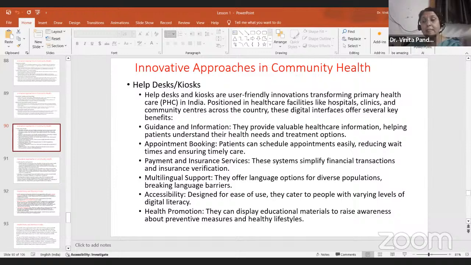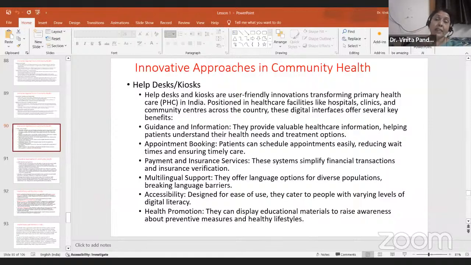So help desks help in providing guidance and information. They provide valuable healthcare information, helping patients understand their health needs and also treatment options. So, like, there can be multiple options related to any kind of wellness program or any kind of disease.